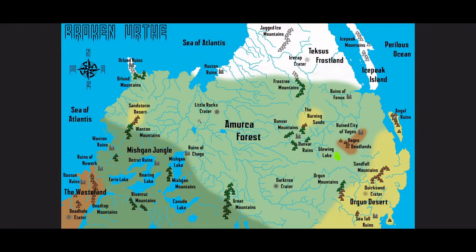And here's the world map for Broken Earth, which is pretty much a turned upside down North America. But hey, the flipping of the poles is probably the least thing to worry about as you're wandering through the America forest or the Michigan jungle and the Detroit ruins, Orland Mountains, right?